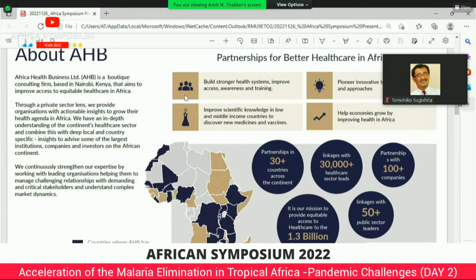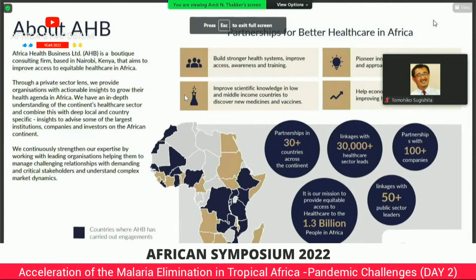This is where we have all our partnerships across the blue countries, and we have developed some very strong partnerships with the private sector and the public sector, and we work closely with the Ministry of Health to ensure that the health systems in Africa remain strong.